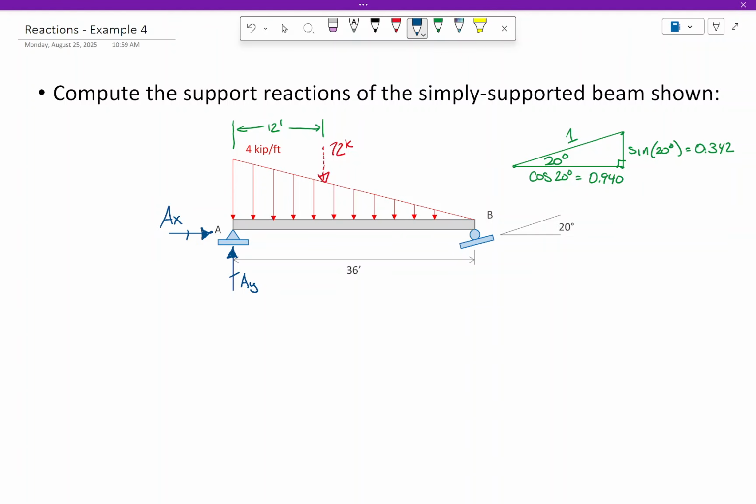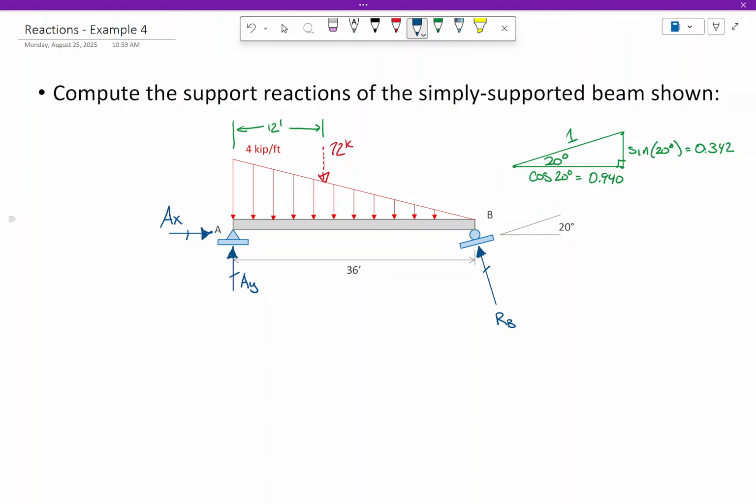It's either going to go up like this or down. So you want 1 or 2? 1. Okay. So the actual reaction is going to look like this. And those are the 3 unknowns: AX, AY, and RB at this sort of inclination.